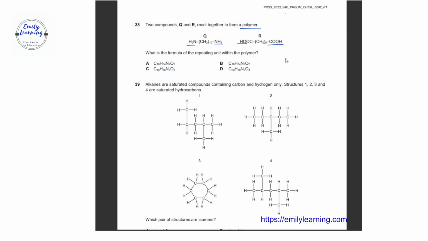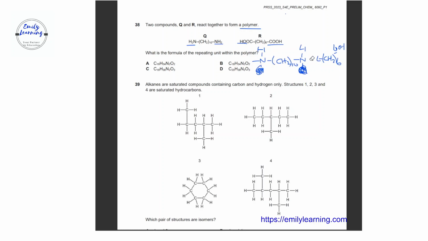So what I'll do first is I will first draw Q. This is Q. Then this is R. Okay, so this amine side will lose a H. Then you can form one more bond, right?